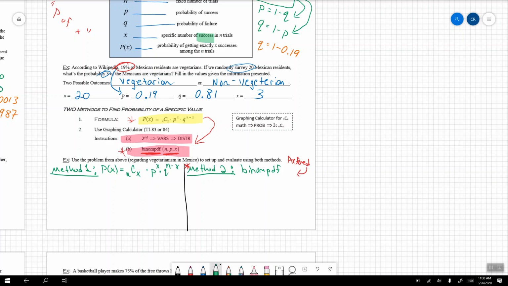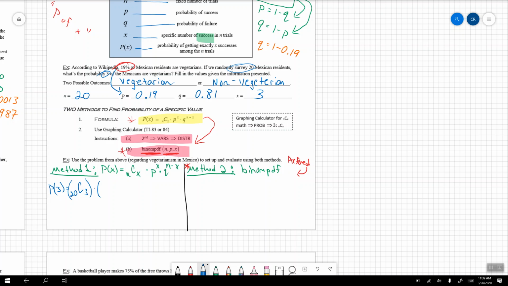So let's work with the long method first. We want the probability of selecting 3 of the Mexican residents that are vegetarian. So the probability of 3. N from above was 20, so that's going to be 20 choose 3. That's going to be my first parenthesis, multiplied by the next one, which is p to the power of x.